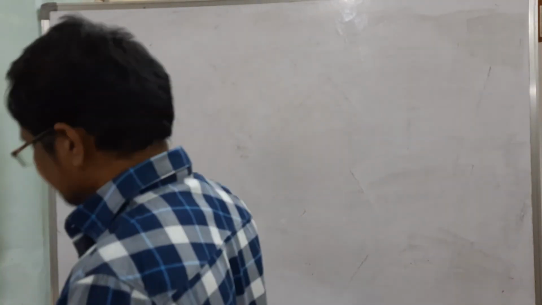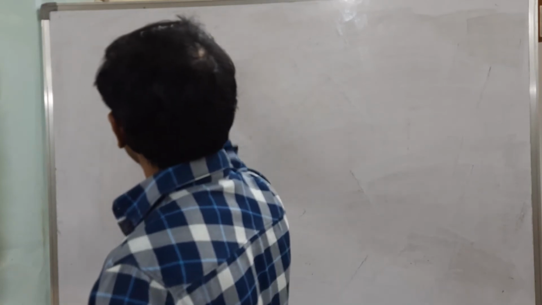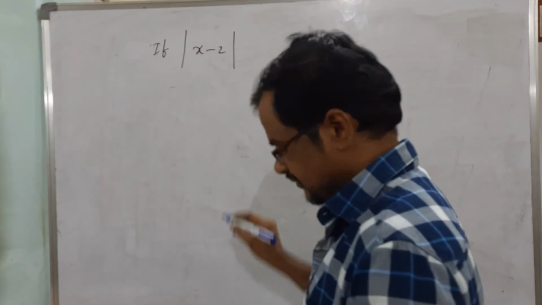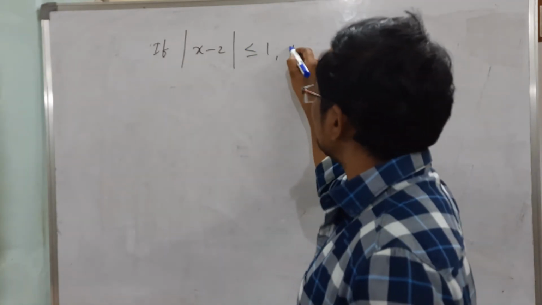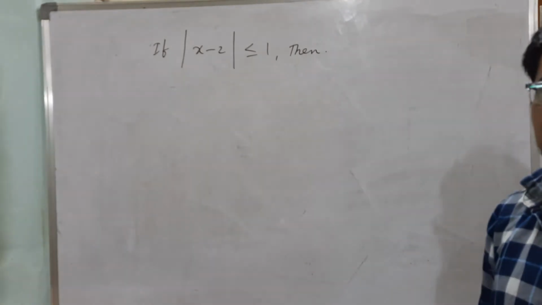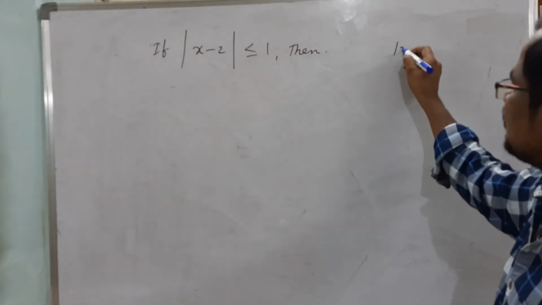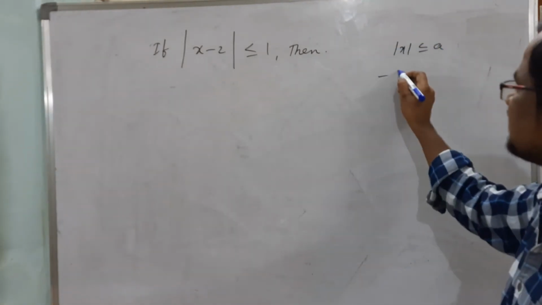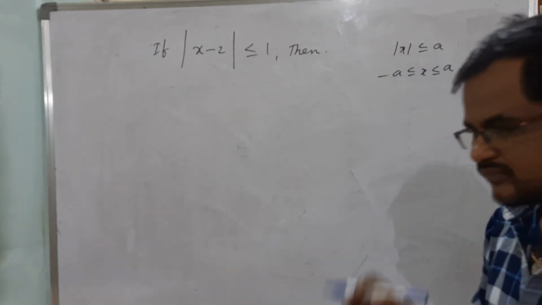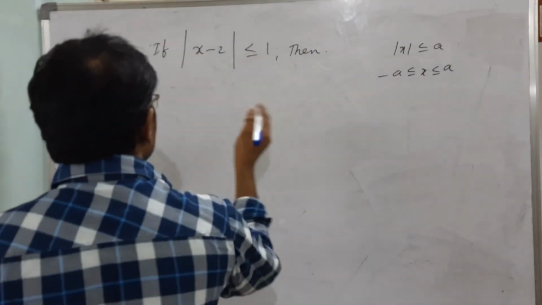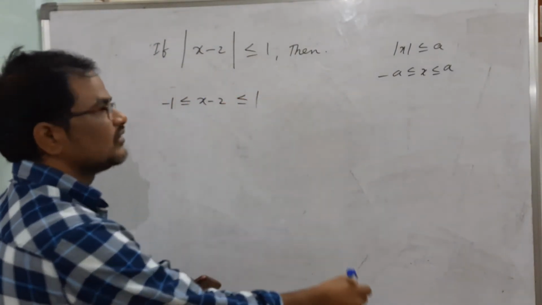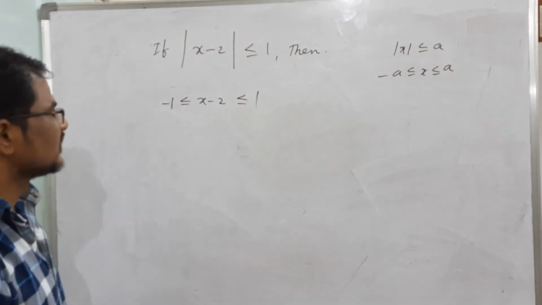Next, one more problem. If modulus of x minus 2 less than or equal to 1, then here also the same result: mod x less than or equal to a means minus a less than or equal to x less than or equal to a. Now by that result, how to write this one? Minus 1 less than or equal to x minus 2 less than or equal to 1, right?